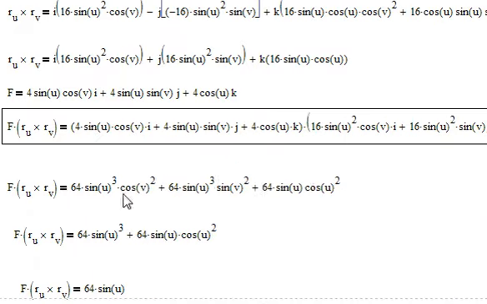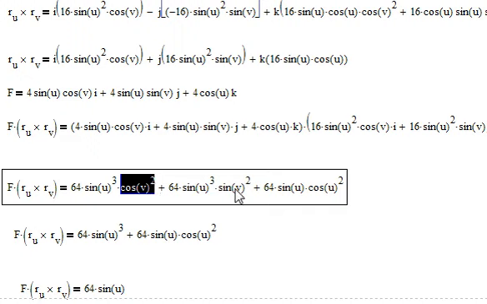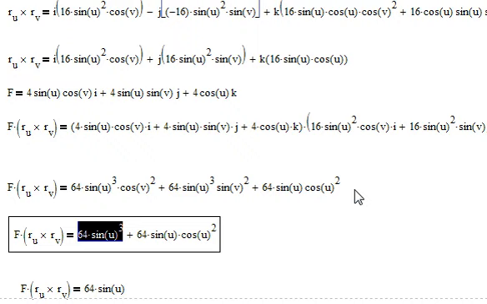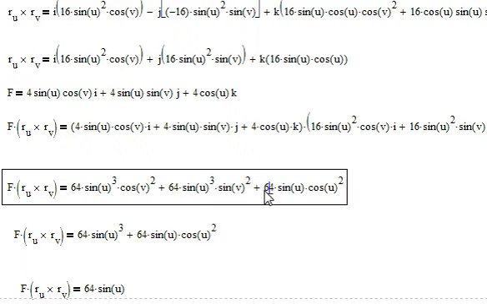Now let's see if that simplifies. If we factor out 64 sine cubed, we got that times 1, and here we have 64 times sine times cosine squared.